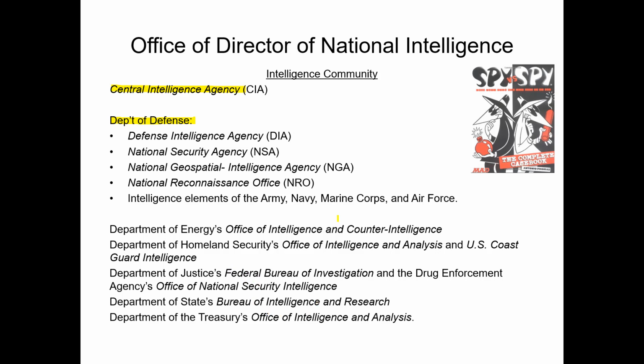So the Director of National Intelligence was a new position created back in 2004 that was tasked to coordinate all of these agencies into one intelligence report, and then that person would be a member of the executive office of the president that would report to the president on these intelligence activities as they were coordinated.